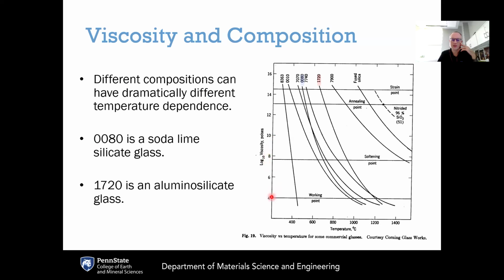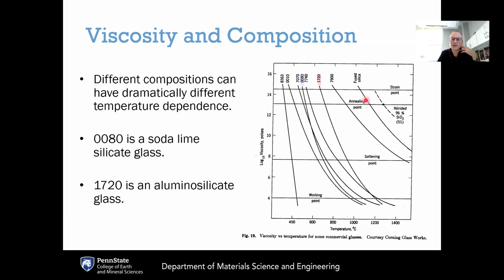So this is going from 10 to the 4 poise all the way up to about 10 to the 16 poise. And this is as a function of temperature in degrees C. And what we see here is this is the annealing point, which is at 10 to the 13 poise, or 10 to the 12 Pascal seconds. The strain point is at 10 to the 14.5 poise, which is 10 to the 13.5 Pascal seconds.